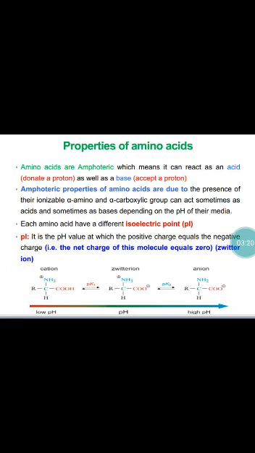Amphoteric properties of amino acids are due to the presence of their ionizable alpha amino and alpha carboxyl groups. They can act sometimes as acids and sometimes as bases depending upon the pH of their media. Each amino acid has a different isoelectric point, pI. It is the pH value at which the positive charge equals the negative charge. The net charge of these molecules is equal to 0. That's the zwitterion.